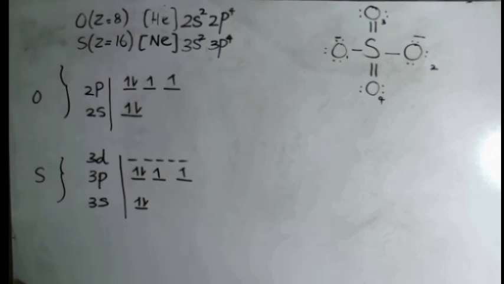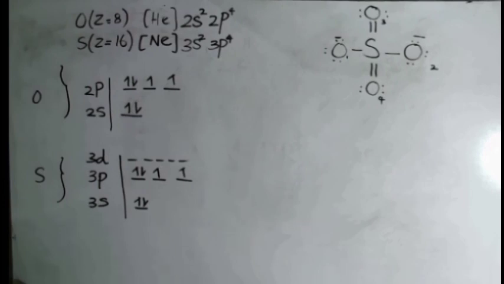In this video, we are going to study the hybridization of sulfur and oxygen atoms. So I have numbered the oxygen atoms 1 to 4, and oxygen atoms 1 and 2 have the same configuration. They have only one sigma bond and 3 lone pairs.